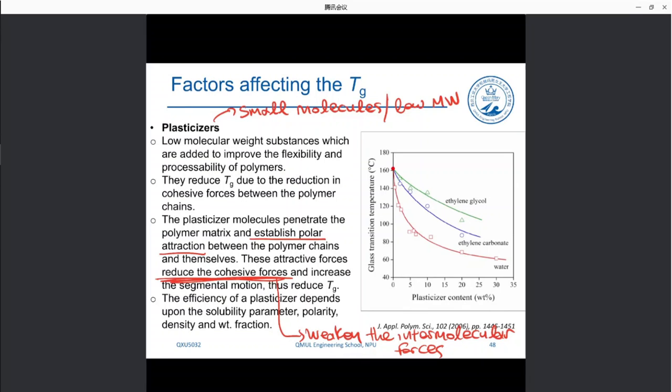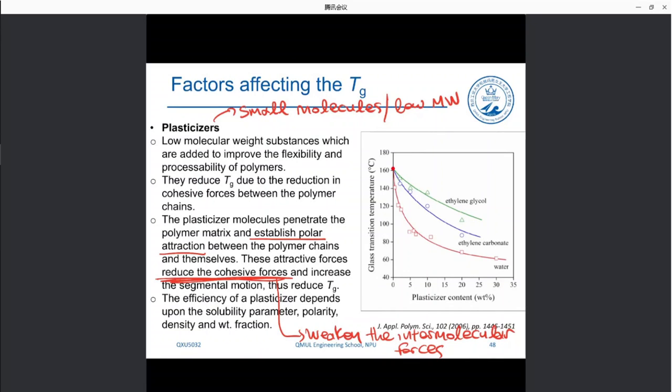Plasticizers often are added to semicrystalline polymers to lower the glass transition below room temperature. Okay, so in this case, the amorphous phase of the polymer will be rubbery at normal temperature, reducing the brittleness of the material. Generally, plasticizers have been used extensively in the automotive industry.